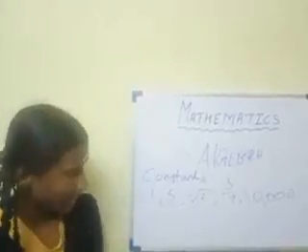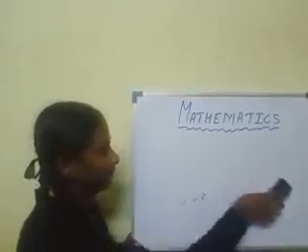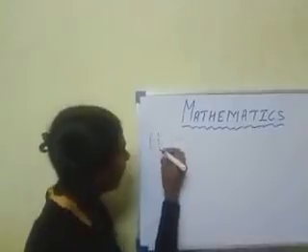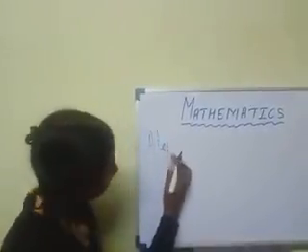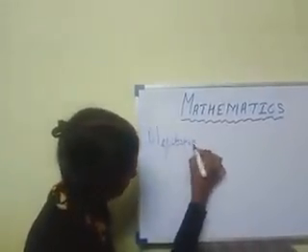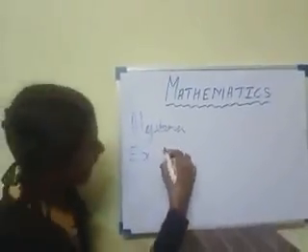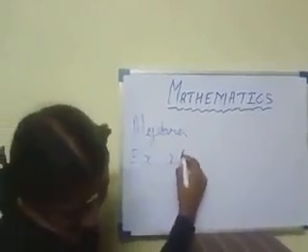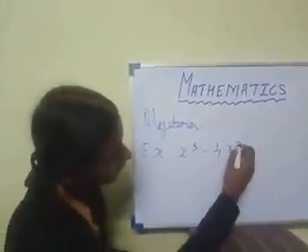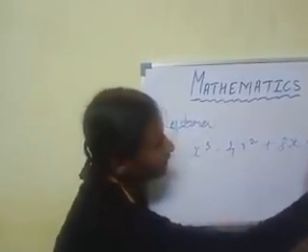Examples for algebraic expressions: x cube minus 4x square plus 8x minus 1.